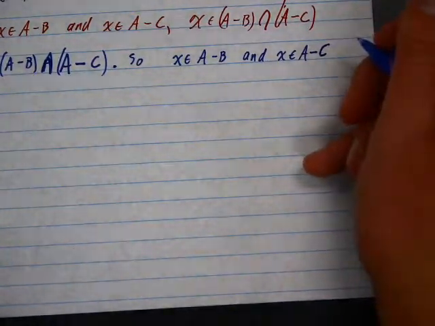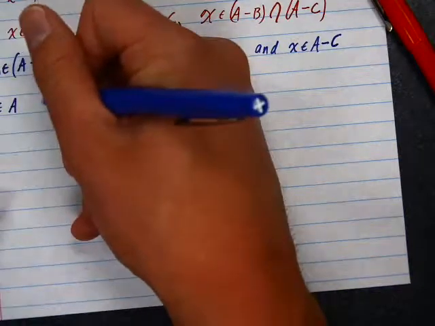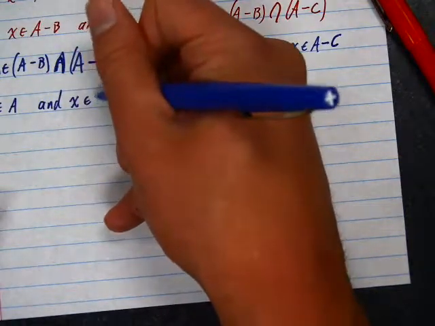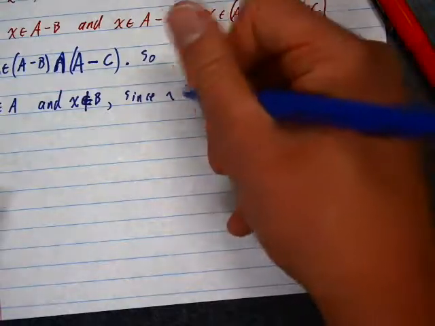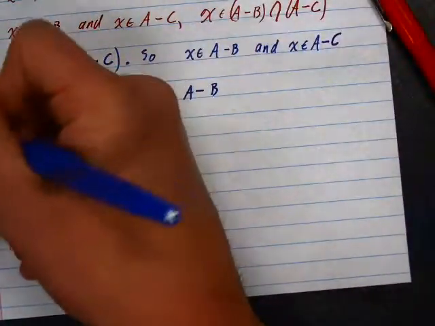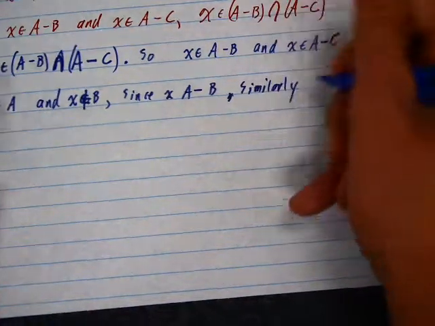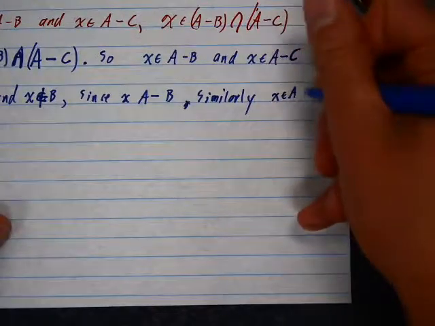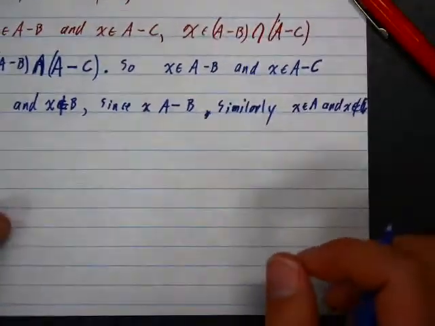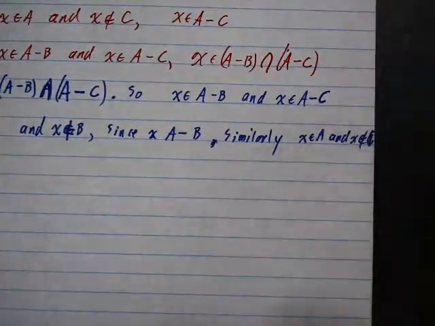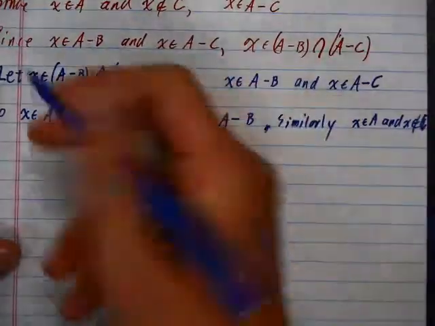So let's just put this all together. So x is in A, and x is not in B, since x is in A set minus B. Similarly, x is in A and x is not in C. So let's look at those two in particular.